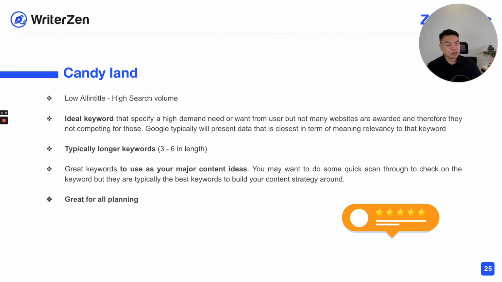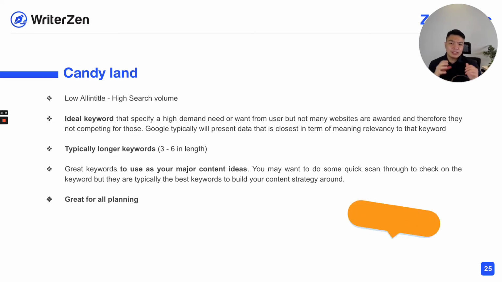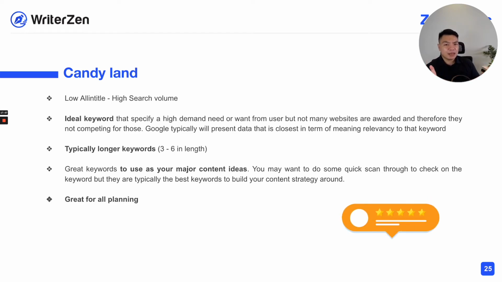Generally, they're very long-tail keywords, 3 to 6 words, very specific, tailor-made for a certain niche that many people are looking for, like the keyword "indoor plant spray for bugs," right? Not many websites know about that demand yet, but a lot of people are researching it. They are ideal keywords that specify a high-demand need or want from users, but not many websites are aware of them, and therefore they are not competing for them.